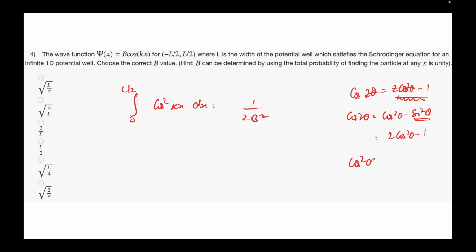Hence cos square theta can be written as, take the 1 to the other side, 1 plus cos 2 theta by 2. Hence I'll use the same thing here.